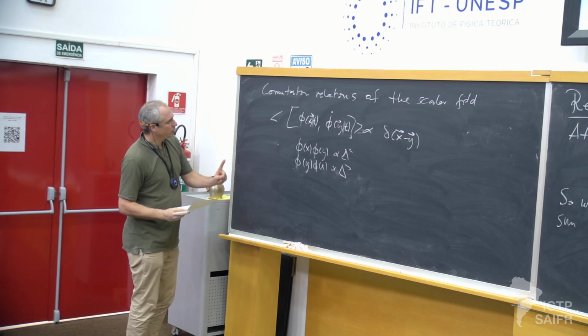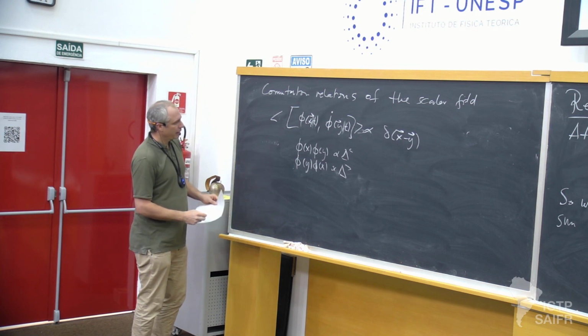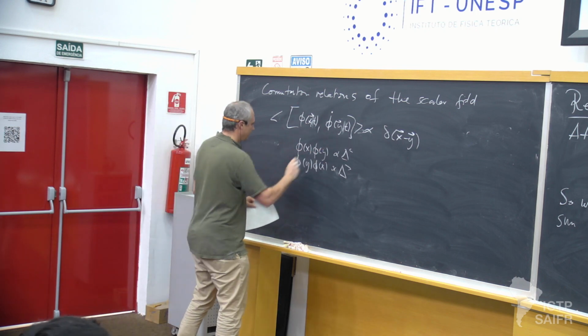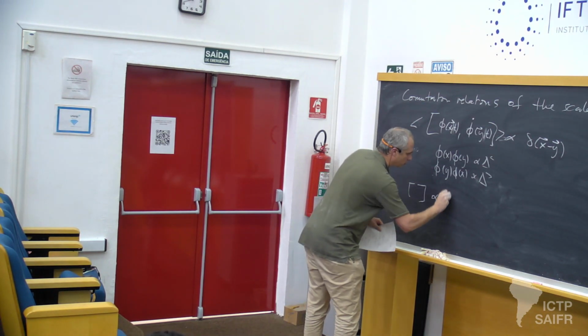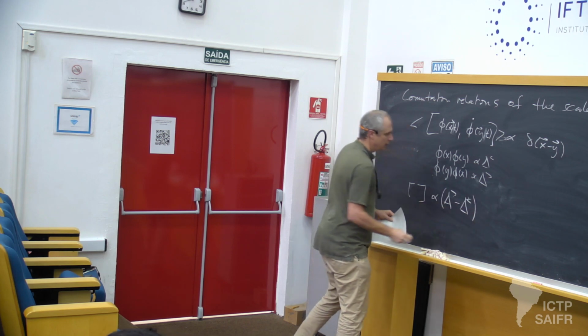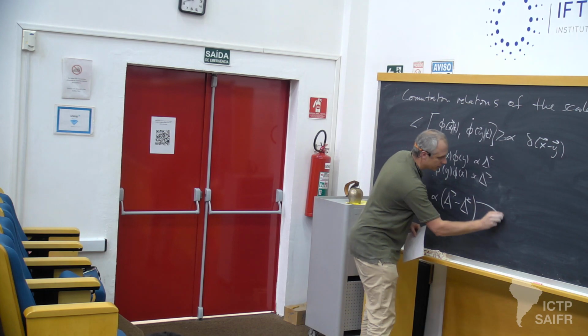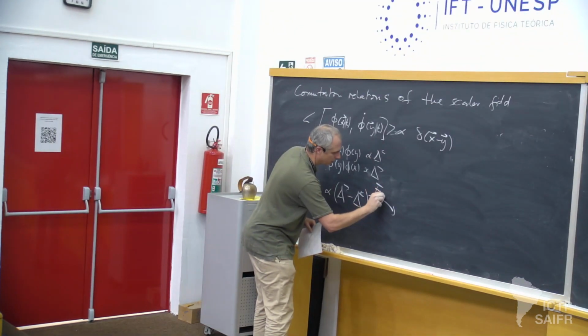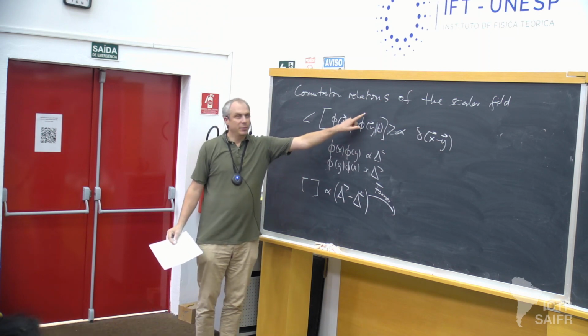So now we have to do one more trick, because we want to do this in Fourier space. Basically what we are saying is that the commutator is proportional to delta bigger minus delta less, okay? So let's go to Fourier space. How do we get rid of a time derivative in Fourier space?